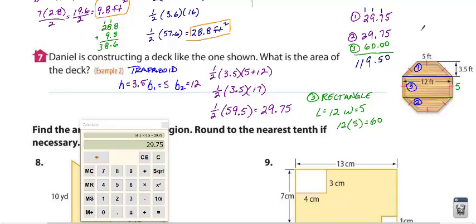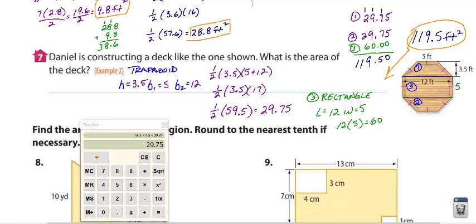There's my total. I'm going to write it here a little bit larger. 119.5 square feet is my answer to number 7. That's my answer to number 7. 119.5 square feet.